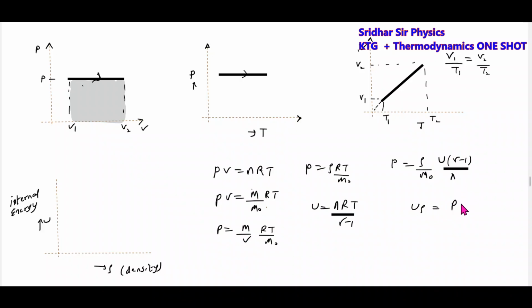U rho will be P m naught and gamma, all are constant. So therefore U will be inversely proportional to 1 by rho. So therefore this will be a rectangular hyperbola. Very, very important. Isobaric process, internal energy versus density will be a rectangular hyperbola. This is about the basic isobaric process.